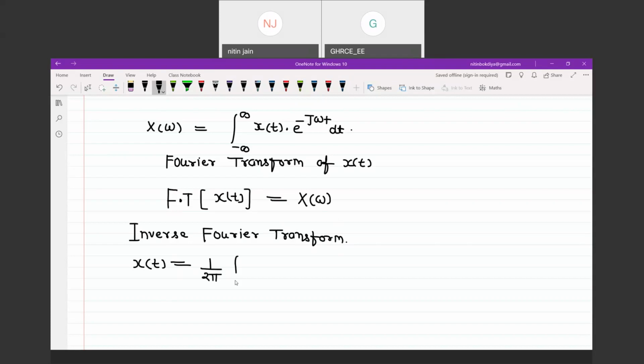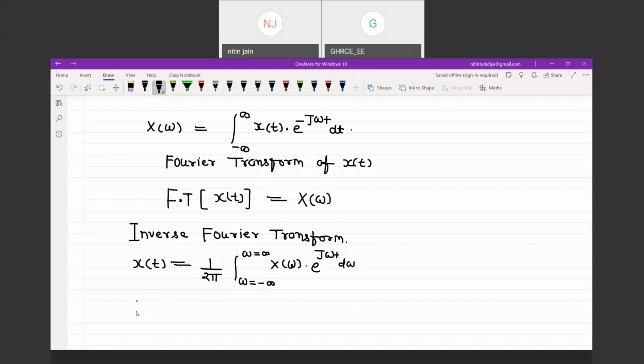We can derive this formula, but it's not necessary for competitive exams. But yes, we can derive this formula using eigenvalues. So it is the integral from omega equal to minus infinity to omega equal to infinity of x of omega into e to the power iota omega t into d of omega. And this is the inverse Fourier transform.